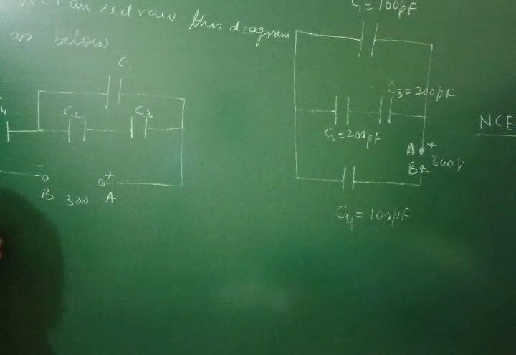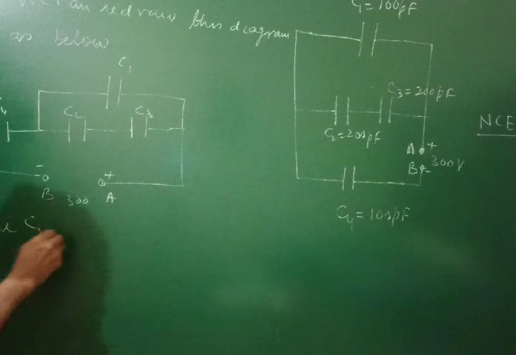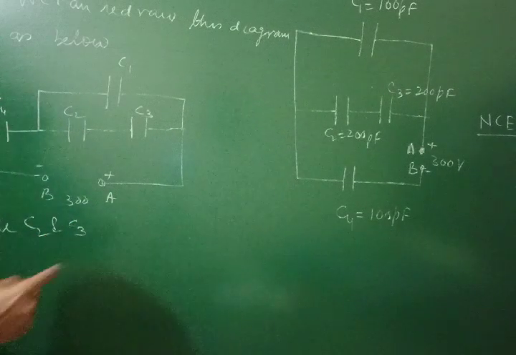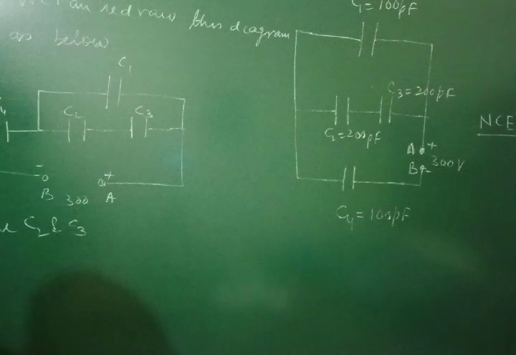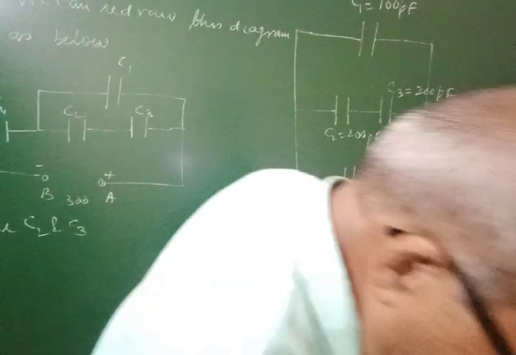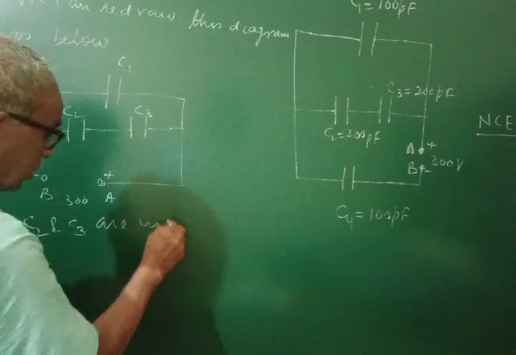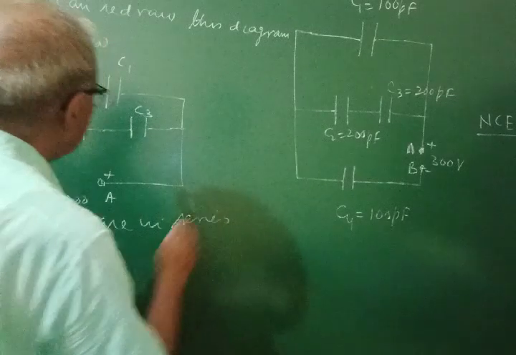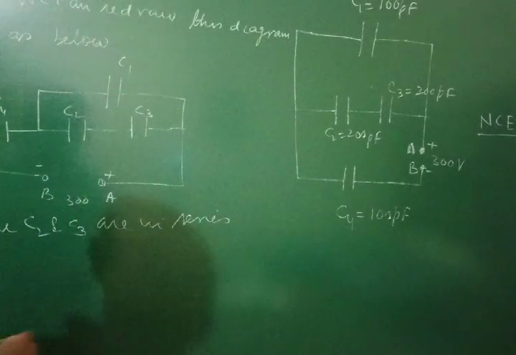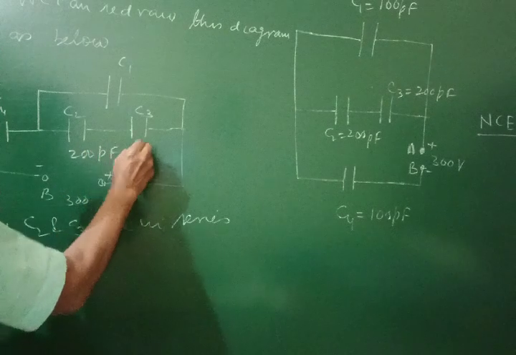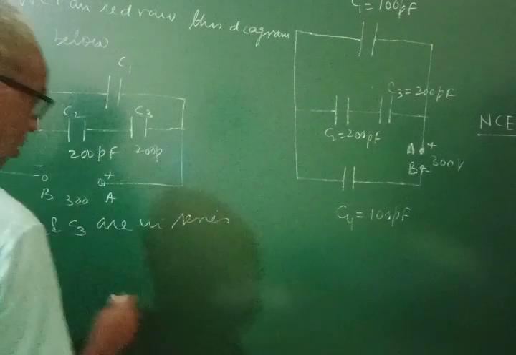Here C2 and C3 are in series, 200 picofarad, 200 picofarad.